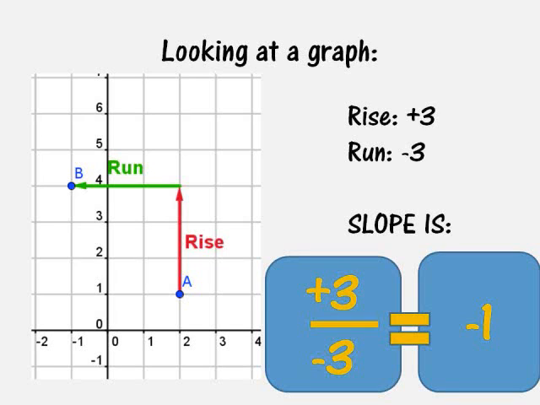Our rise is +3, our run is -3, so our slope again is the fraction of rise over run. Rise is +3 over our run, which is -3. +3 over -3, we can simplify down to -1 because a positive over a negative gives us a negative number, and then any number over itself is equal to 1.